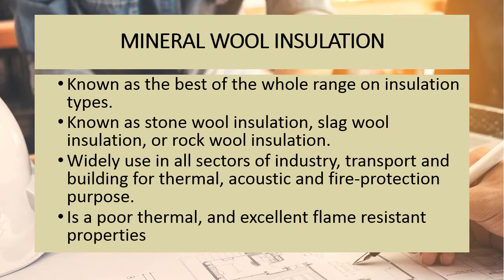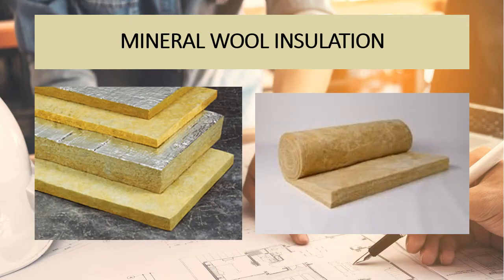Mineral wool insulation is widely used in all sectors of industrial, transport, and building for thermal, acoustic, and fire protective purposes. This material has poor thermal and excellent flame resistant properties. This is the photo of mineral wool that will be used in insulation.